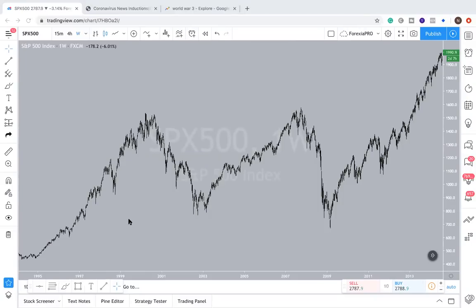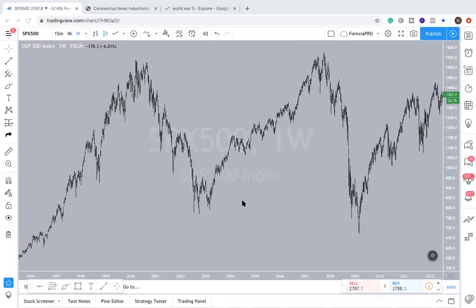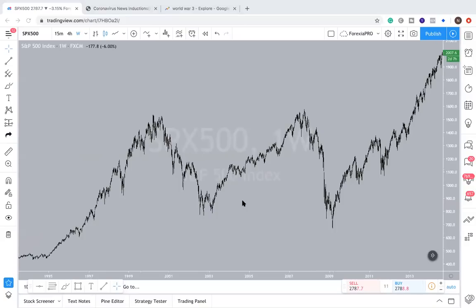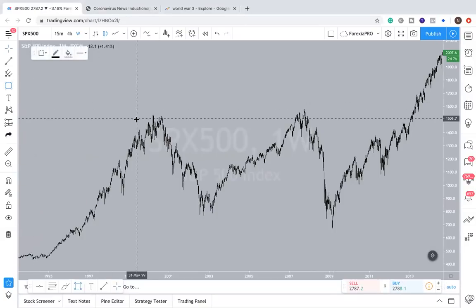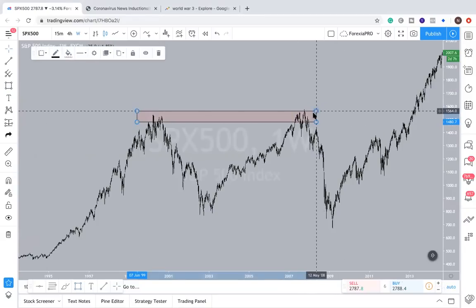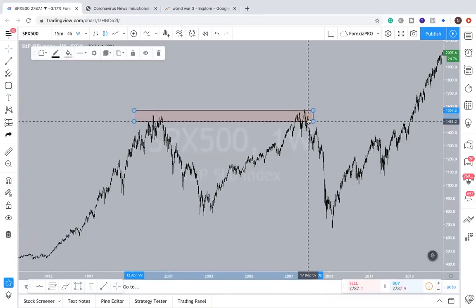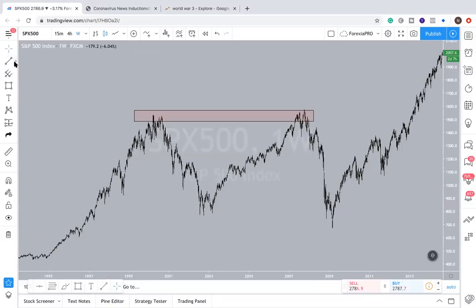All right. Check this out. Tell me this isn't complete BS. Here is the 2008 recession, right around here. This sell-off.